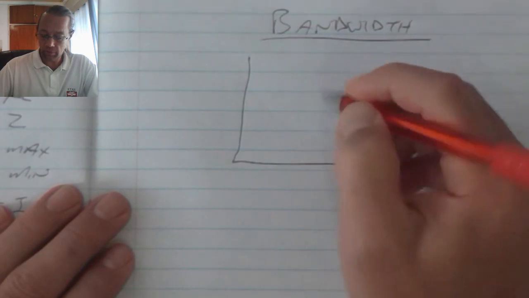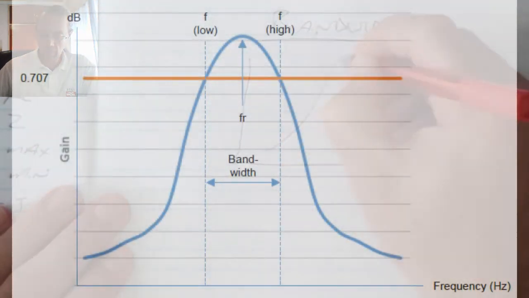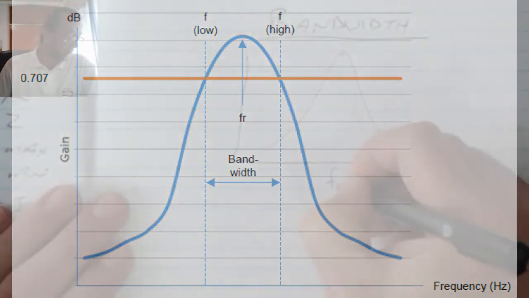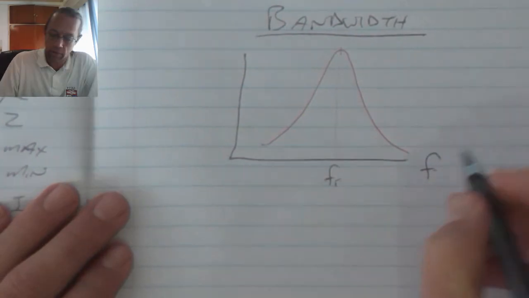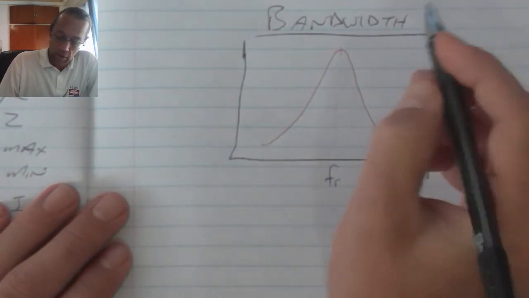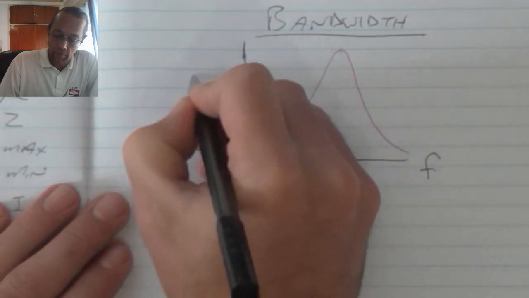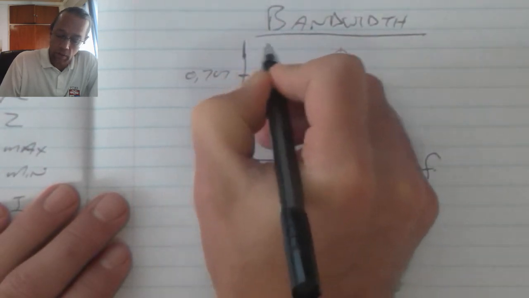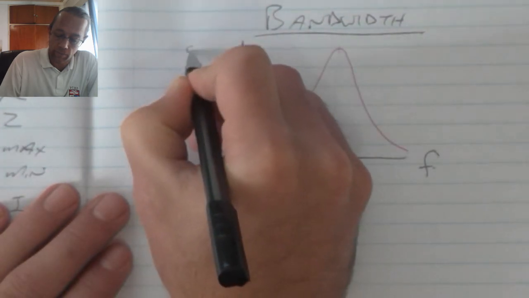When we look at the gain graph, we find the waveform looks like that, representing the frequencies, and we find that the resonant frequency is indicated right there in the middle of the peak. Now to calculate the bandwidth, in other words, the halfway mark, that's done at 0,707, if that is 1.